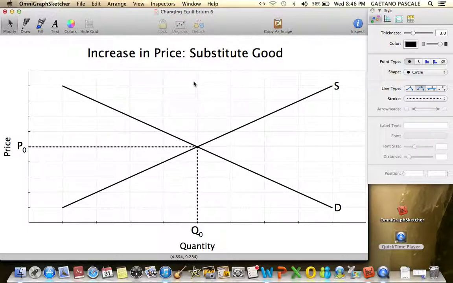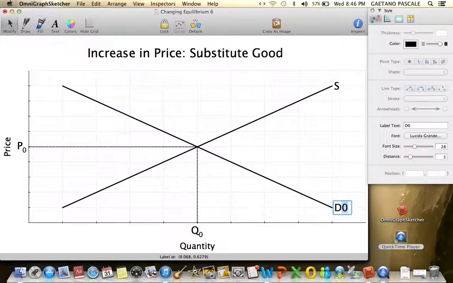The example I will use here assumes that coffee and tea are substitute goods. If we see a dramatic increase in the price of coffee, how does that impact the demand for tea? The demand for tea in all likelihood will go up. People will substitute away from coffee as it goes up in price.